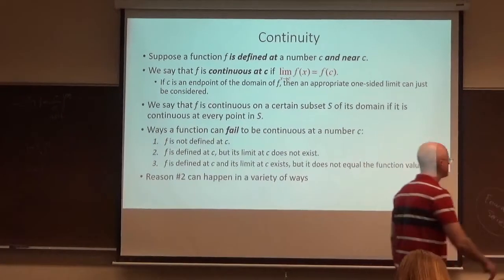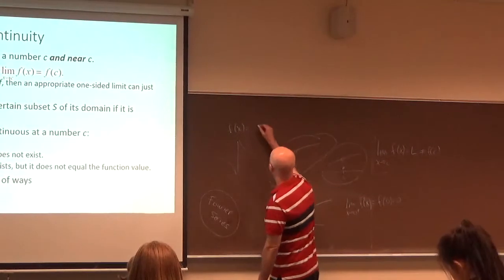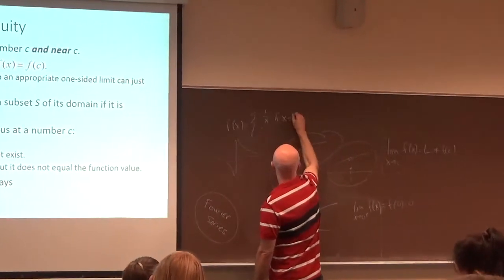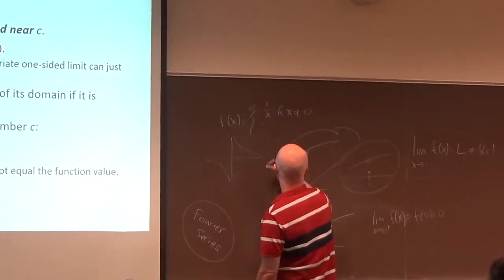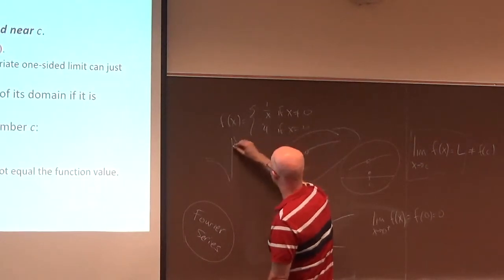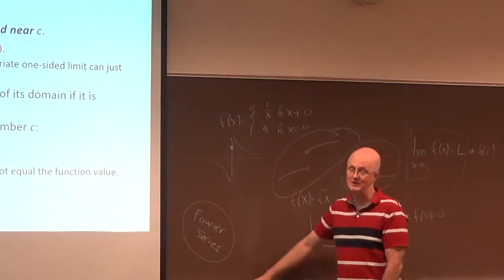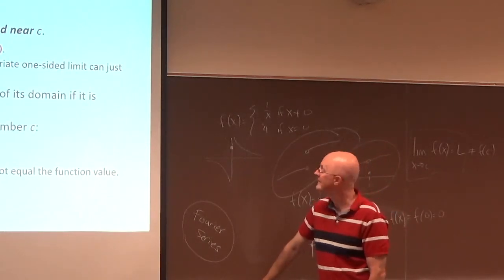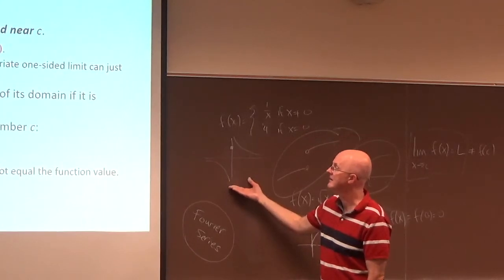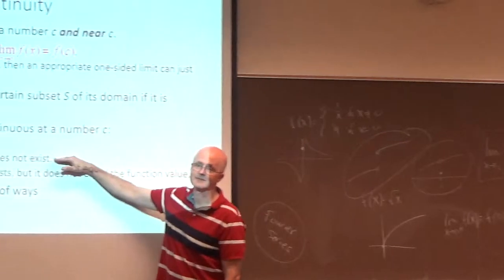So for example, this one here, I could say f of x is 1 over x if x is non-zero, and something else if x is 0, so the graph would include that point. Kind of silly, but you could do that technically. That's a function defined everywhere, but it's not continuous at 0. The limit does not exist.